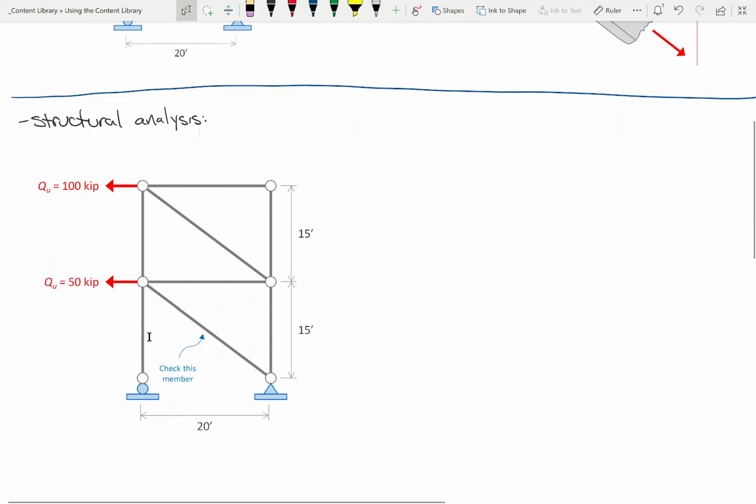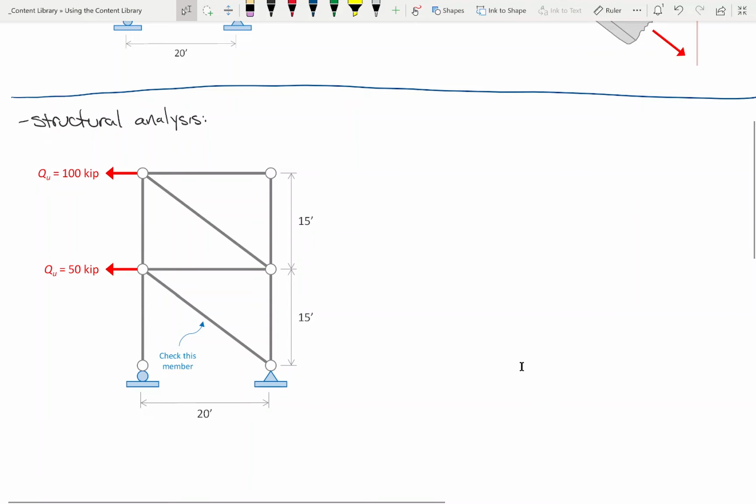So, we need this member, okay? And I argue that probably the simplest way of doing this would be to compute the reactions, then do a method of joints analysis right here. If we do a method of joints analysis right here, that'll give us the force inside this member. Does that make sense? Okay?